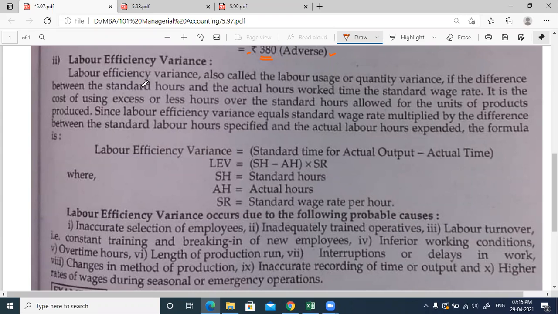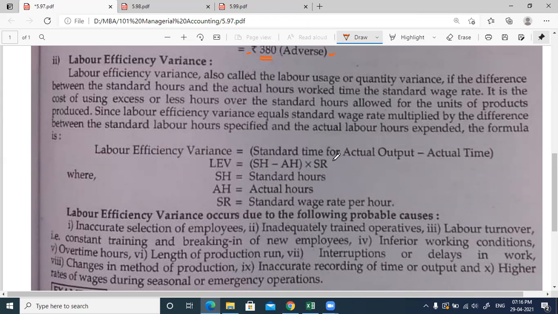It is the cost of using excess or fewer hours than the standard hours allowed for the units of product produced. The formula is: labor efficiency variance equals standard time for actual output minus actual time, that is, SH minus AH, into standard rate.